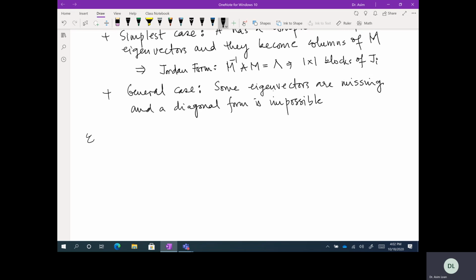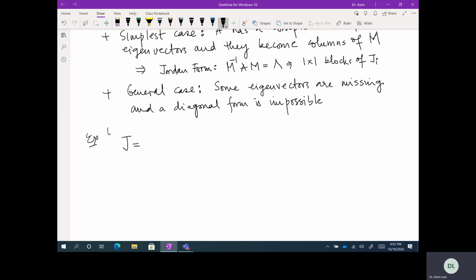So, for example, we will be using this matrix J as an example, and find the eigenvectors associated with A.